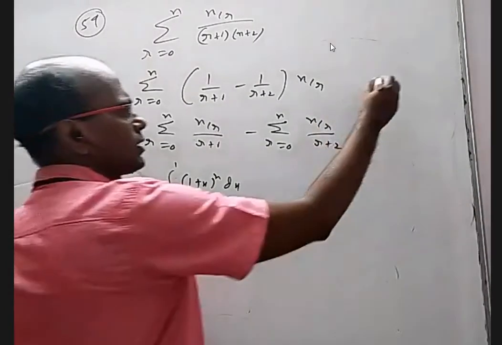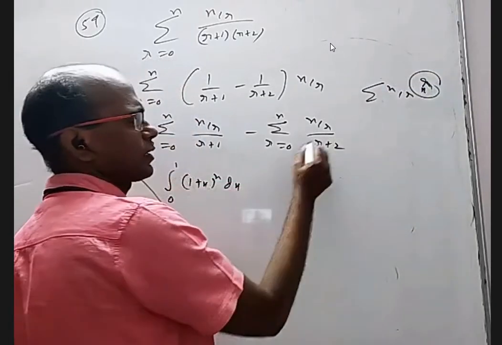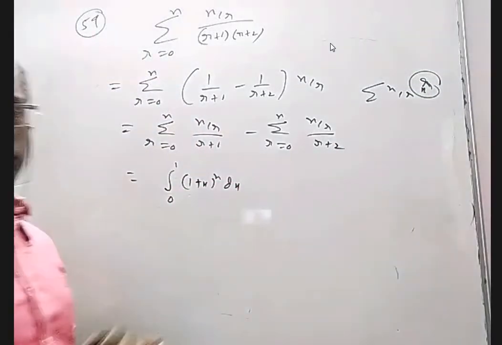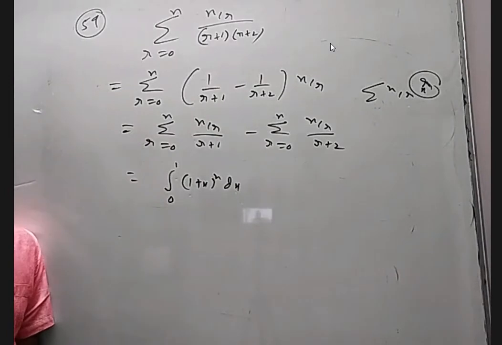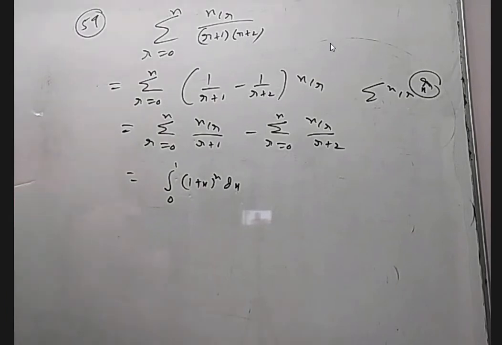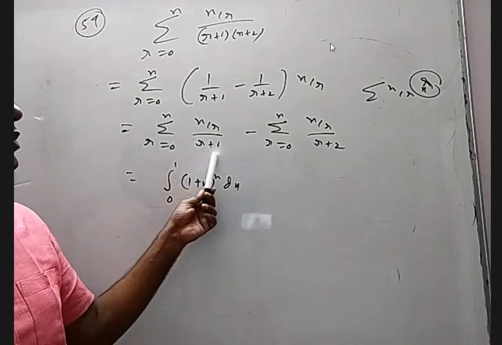If you take the general term sigma NCR x power r and integrate it, r plus 1 will come. How will you get r plus 2? If you take 1 plus x whole power n expansion and integrate each term on the RHS, you will get this one, but not this one.